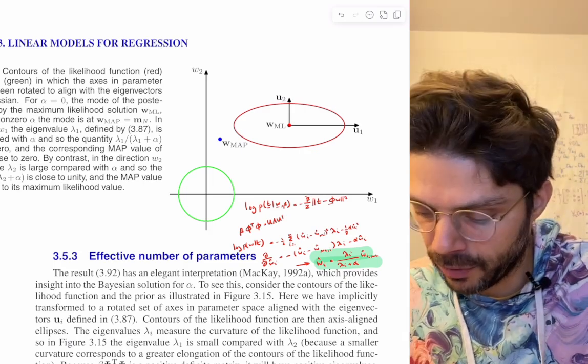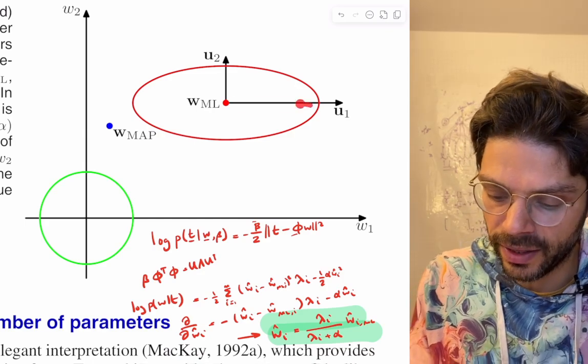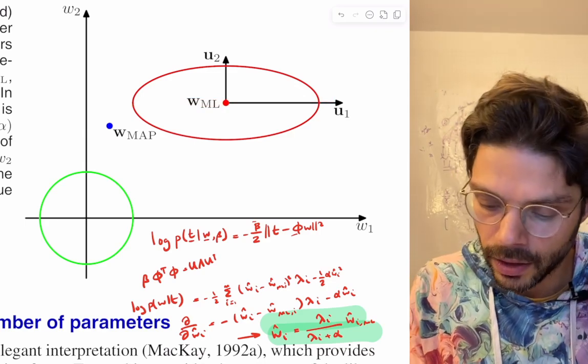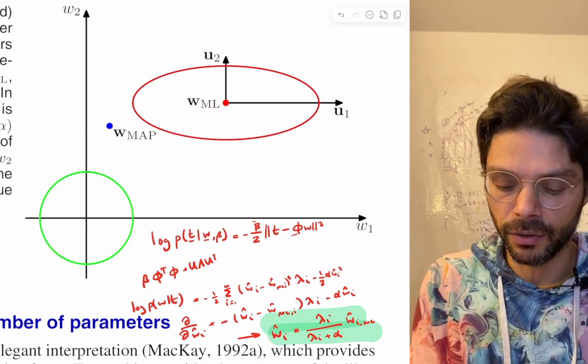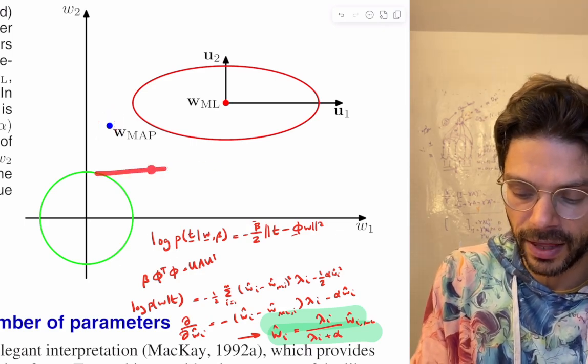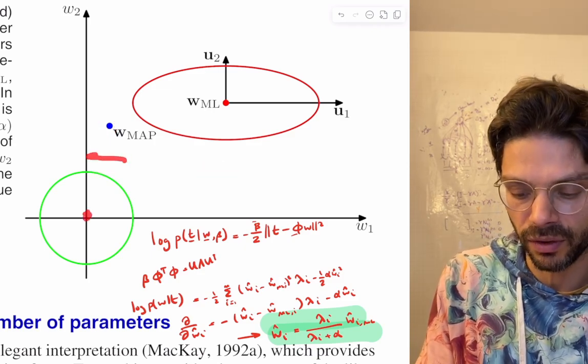So again, if you look at this particular example, it looks like in this direction we don't have a lot of precision, right? So our lambda i is small, which means that the MAP estimate is going to be pulled strongly towards this prior value, which is 0.